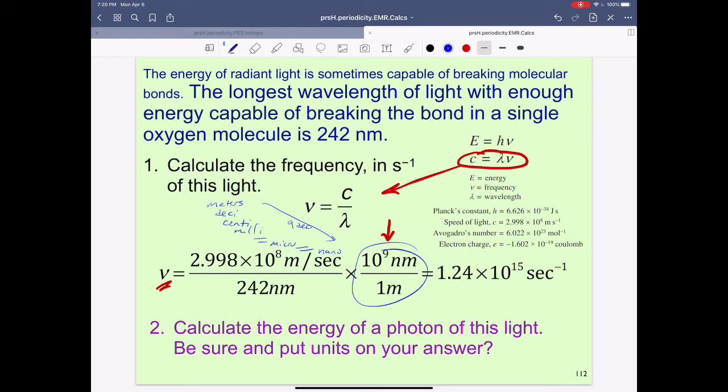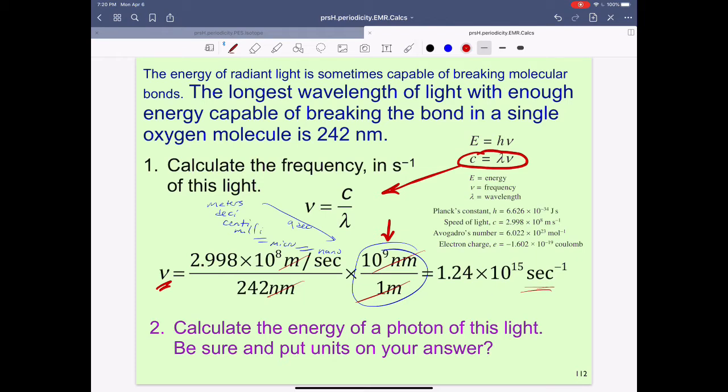Hence this conversion factor. And so you can see that meters will cancel, nanometers will cancel, and we'll end up with per second, which is to say hertz or cycles per second.